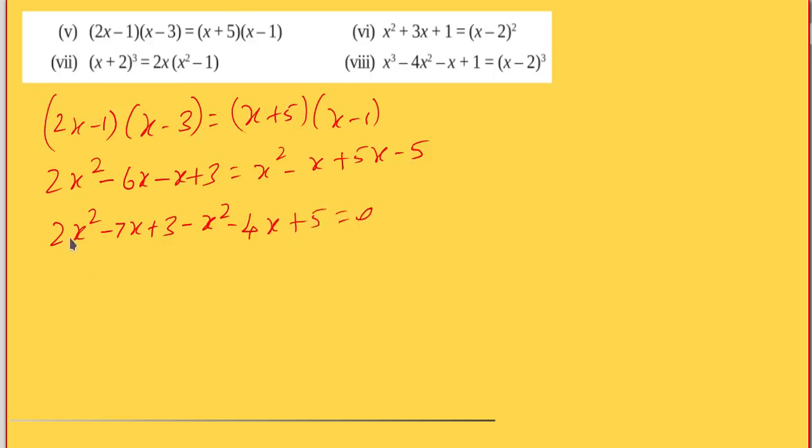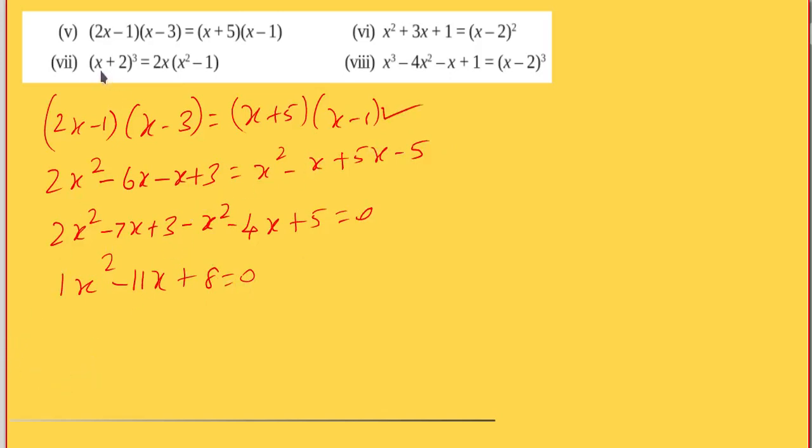So 2x² − x² becomes 1x², and the x term is −7x − 4x becomes −11x, and the constant is 5 + 3 becomes 8 = 0. So x² − 11x + 8 = 0. So it is a quadratic polynomial, so this equation is a quadratic equation, so the given equation is a quadratic equation.